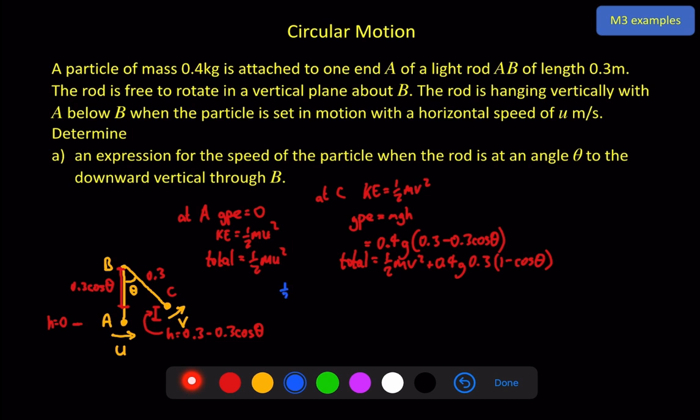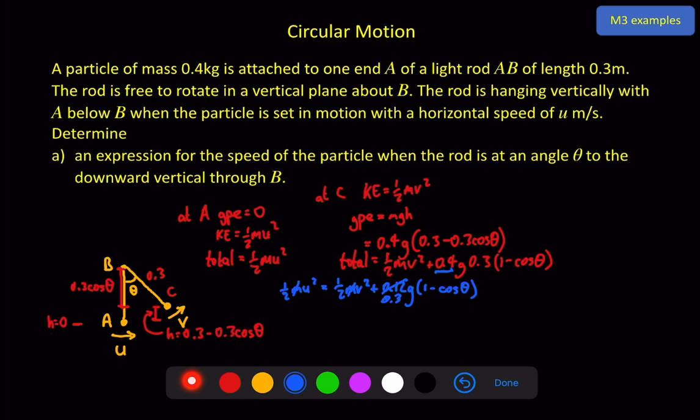We've got a half mu squared must equal a half mv squared plus 0.12 g times 1 minus cos theta. And I'm just about to undo what I've done there, because the 0.4 here can cancel with this m here. So that's back to 0.3.